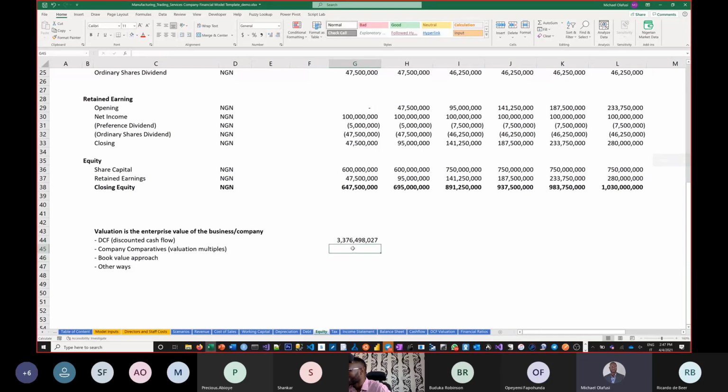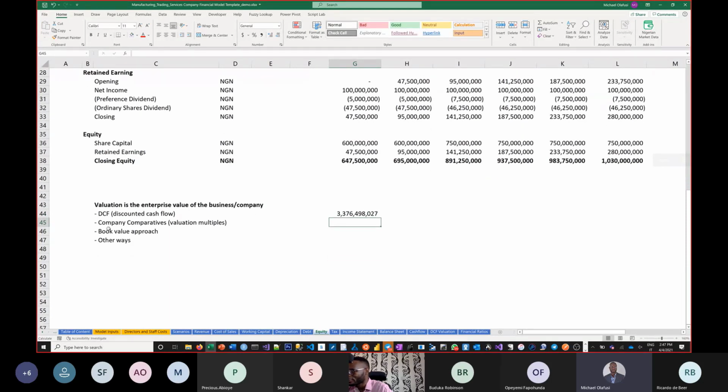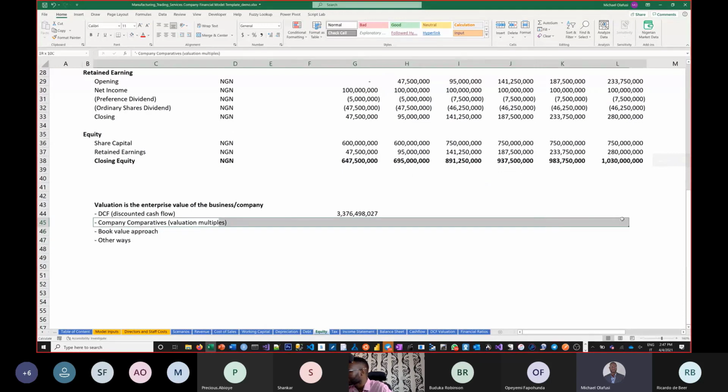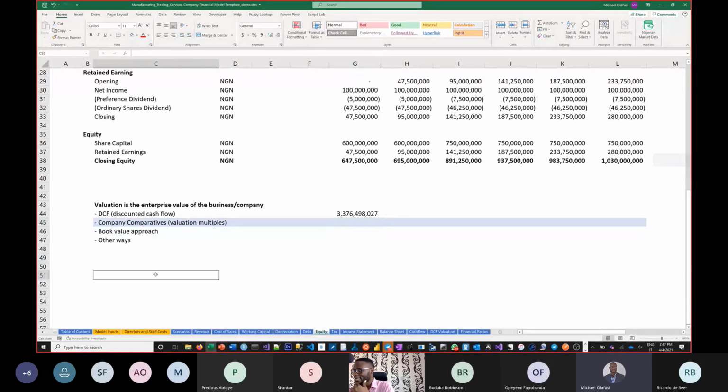Okay, but this is what is commonly used. So I'm going to focus more on this one. This is what is commonly used for startups. And when people start talking about pre-money, post-money, a lot of times we are all usually talking about this. So imagine the industry valuation multiple, maybe this company is a fintech.